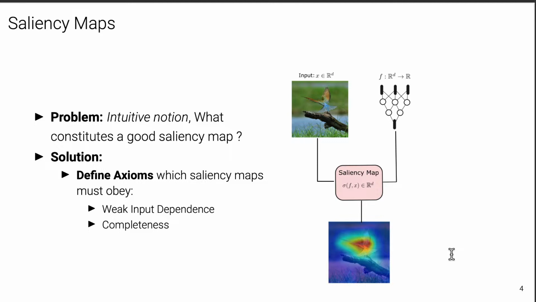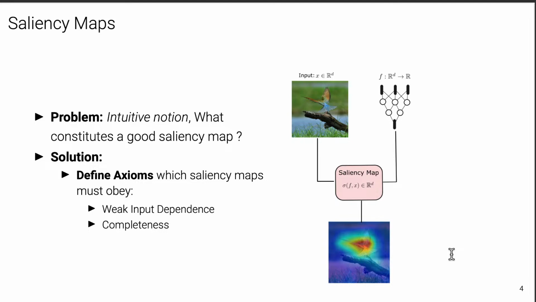Because there's no formal definition of what defines a saliency map, there are several approaches to this. Previously it was a purely intuitive notion, and then later papers like the Integrated Gradients paper asked how we can define axioms which make saliency maps relevant, and what properties of saliency maps we want to capture.